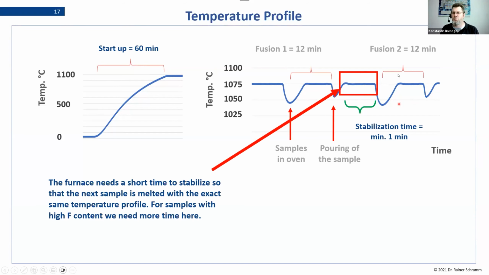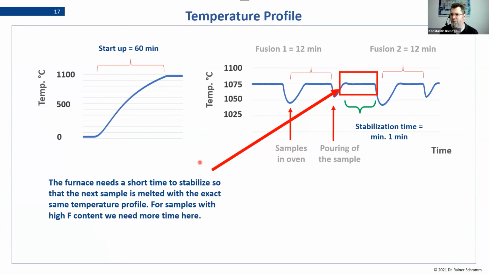What we find is that usually we give it 1 minute of stabilization time in between samples. So this is loading, this is unloading, and this is loading of the next sample. Between those, we give it 1 minute. With fluorine samples, with the fluoride samples, we opt to give it some more time.